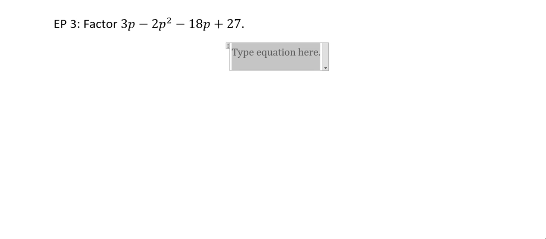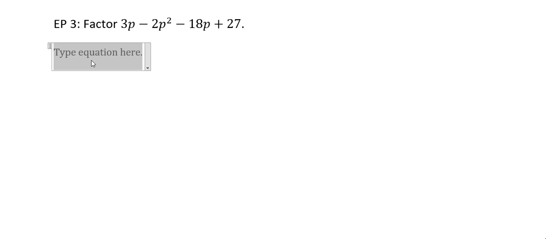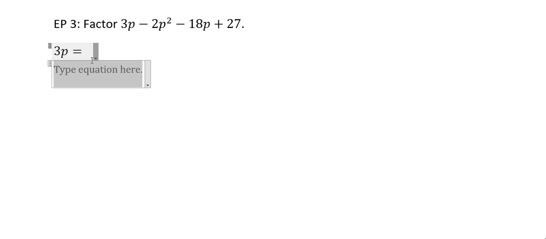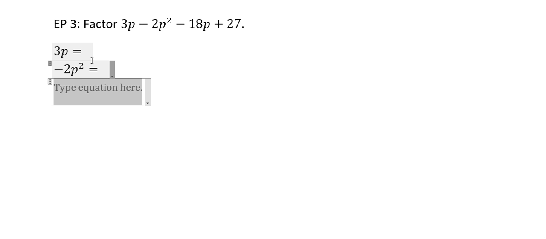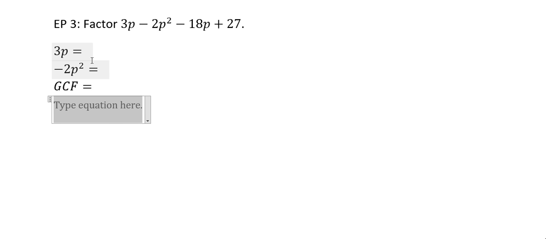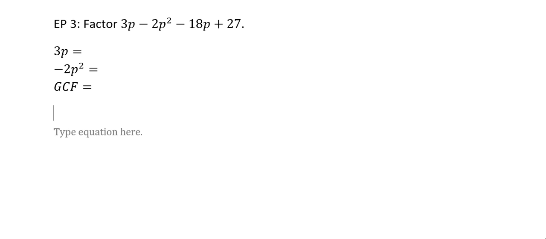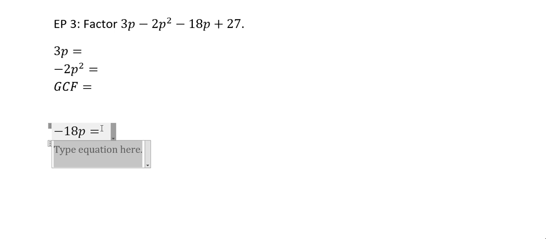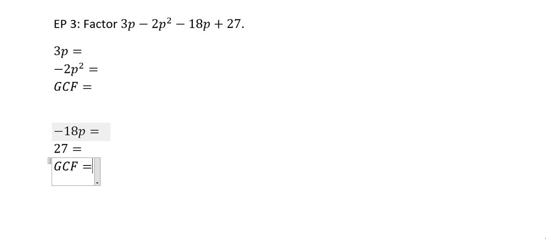We have 3p equals, and we'll have negative, don't forget to take that sign with it, negative 2p squared equals, we'll come up with the GCF there, and we will have negative 18p, we will have 27, and we'll come up with the GCF there.